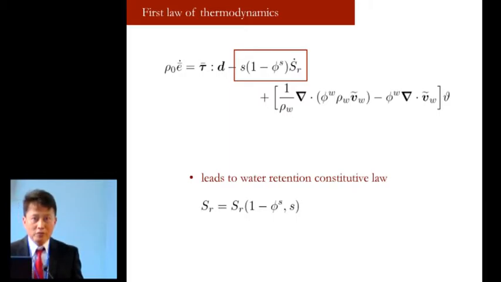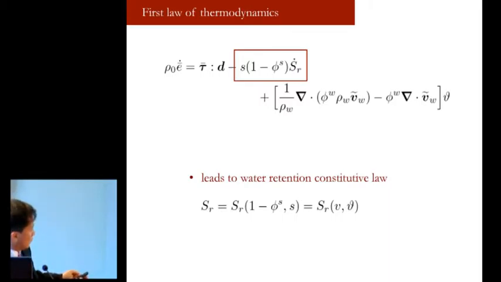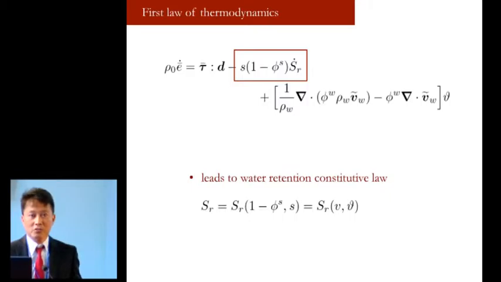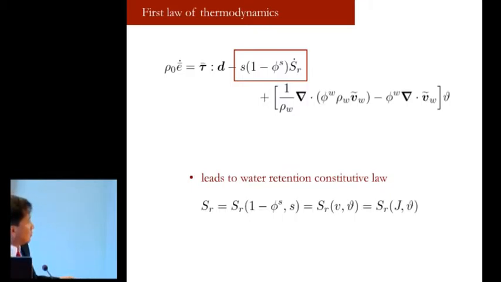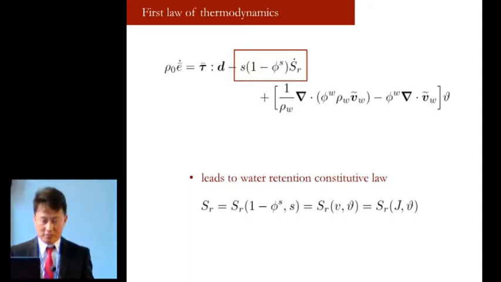Now, an example of this type of constitutive law is represented by the law proposed by Gallipoli et al. way back in 2003, which is of this form. And as we can see here, the degree of saturation, specific volume, and suction stress appear in that constitutive equation. Now, this particular constitutive equation reduces to the simplified Van Genuchten relation for a deformable solid matrix.